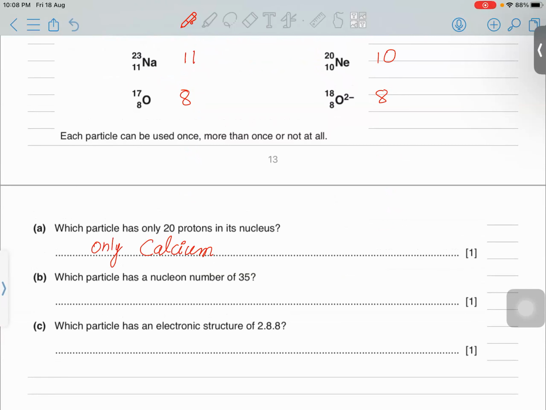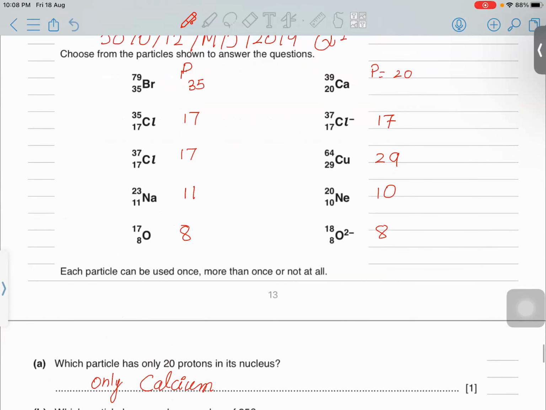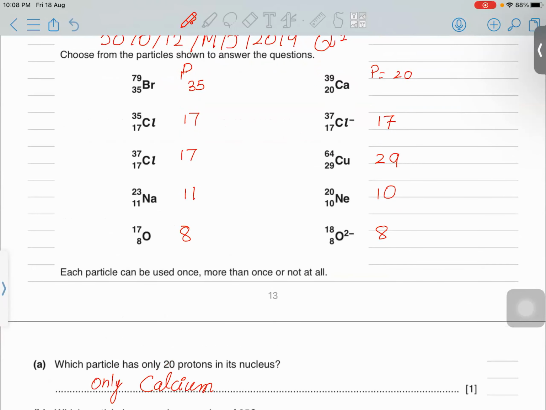And which particle has a nucleon number 35? Here we have 79. Here we have 35. Here we have 37. Here we have 23. Here we have 17.